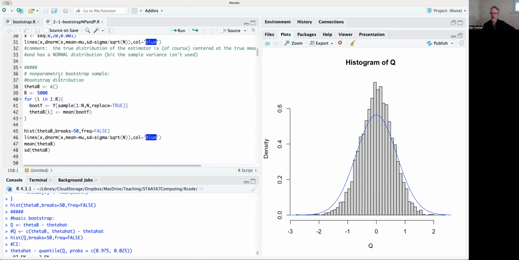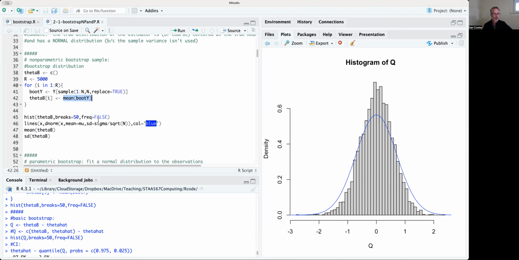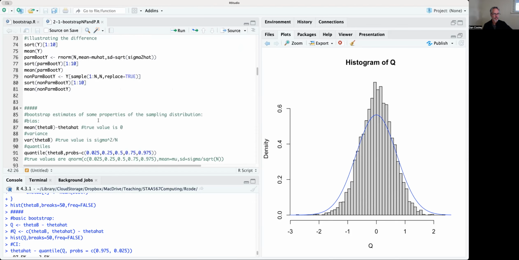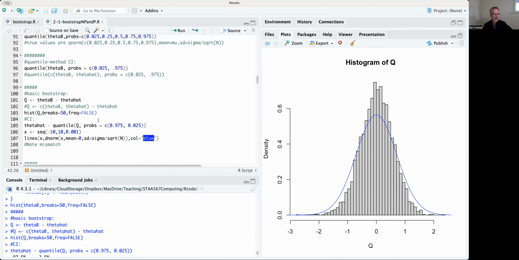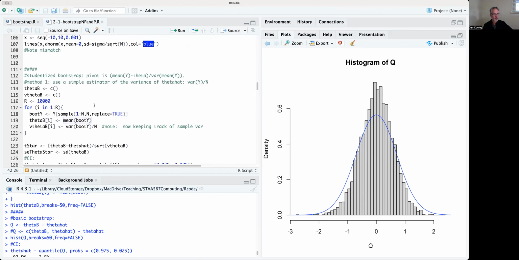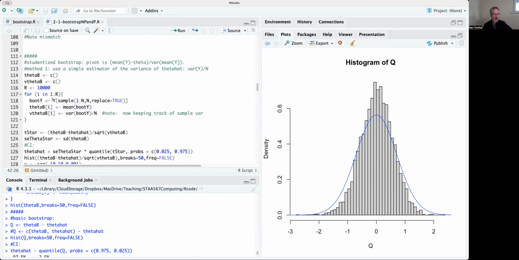I'm trying to illustrate the difference between this and the T. What we did was for each bootstrap, we stored the mean from each bootstrap sample, and that was all we did. So notice that the big difference here is when I do the studentized bootstrap, I'm going to get my bootstrap sample, store the mean, but I'm also going to store the variance associated with that mean.